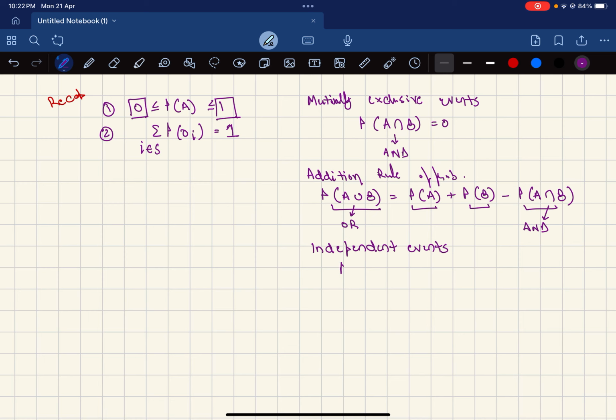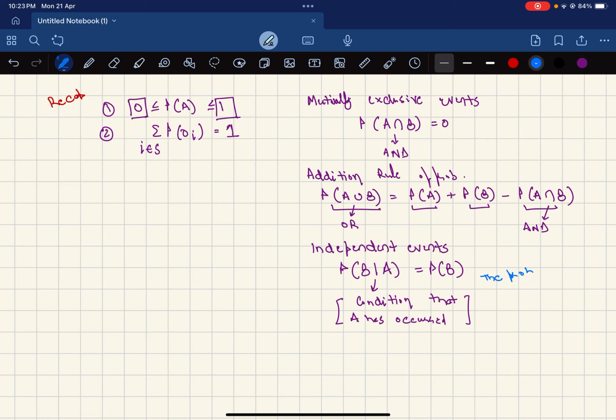So for example, if we have two events A and B, then the probability of B given, this vertical line here indicates condition, that A has occurred. So A has already occurred. We are already given this particular condition and we are trying to find the probability of B occurring given that A has already occurred, and in this case it would be equal to the initial probability of B itself. So basically the probability in this case remains the same.